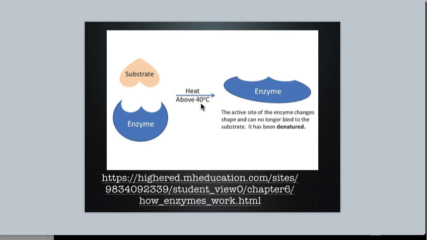So that's like anything above 101 degrees Fahrenheit. So in other words, a fever in a human being. This is what happens to the active site. Notice how it's all kind of elongated and weird looking. Will this substrate fit onto this active site now?